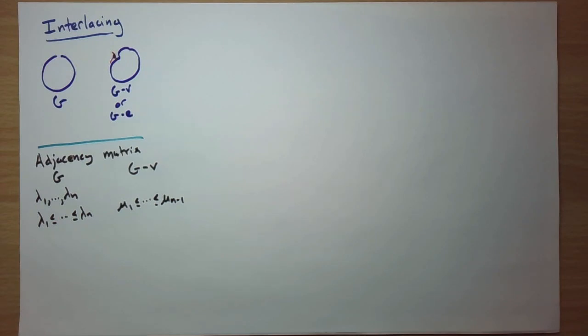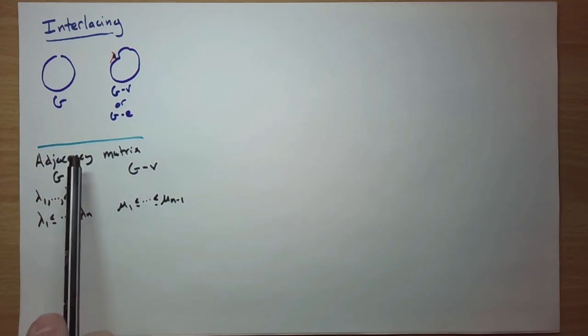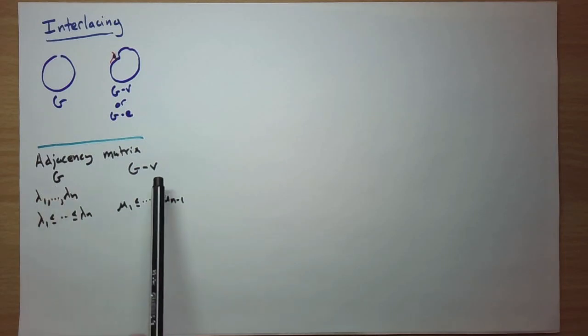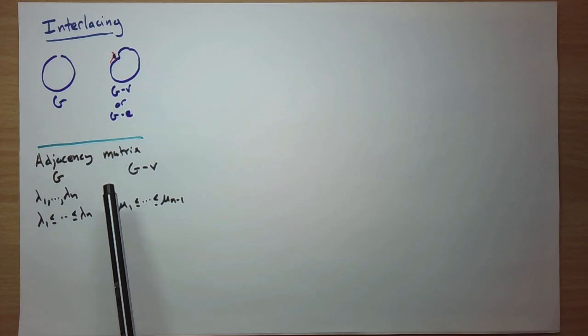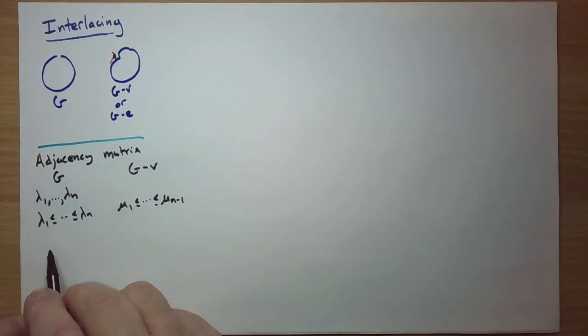And what happens? Well, if you think about the actual matrices of these, how does the adjacency matrix for our graph G relate to the adjacency matrix for G minus V? One unit smaller. So size-wise, it's smaller. What else happens, though?